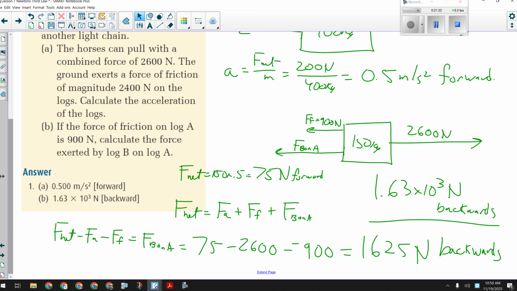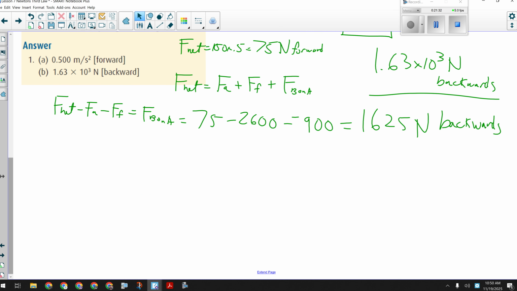Okay, everyone follow my logic there? Did anyone solve it using log B? We could have done this with log B as well, right? Process is the same. Here's the force of A on B, which is the action-reaction pair to the force of B on A. And then there's the force of friction.